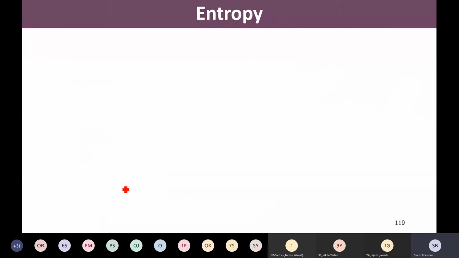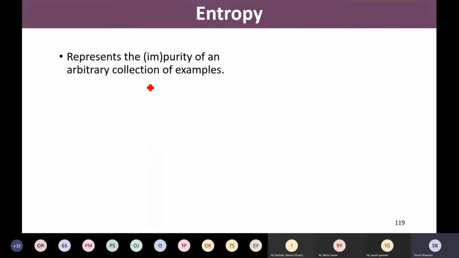Now, what is entropy? Entropy represents the impurity of an arbitrary collection of examples. What do we mean by impurity or purity of an arbitrary collection of examples?